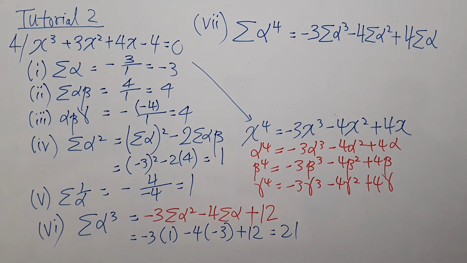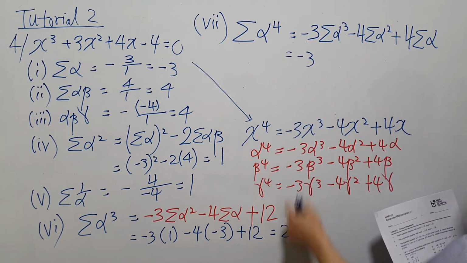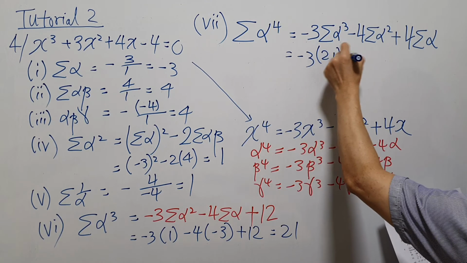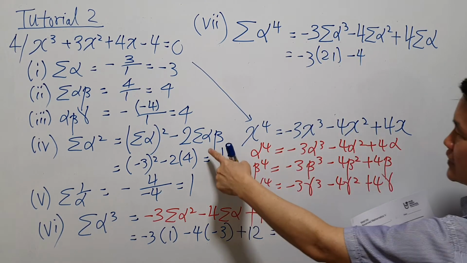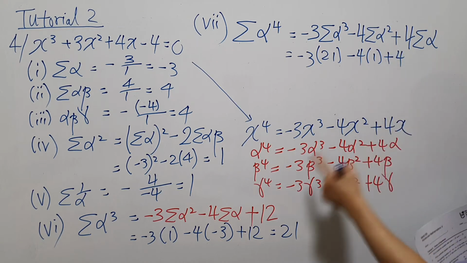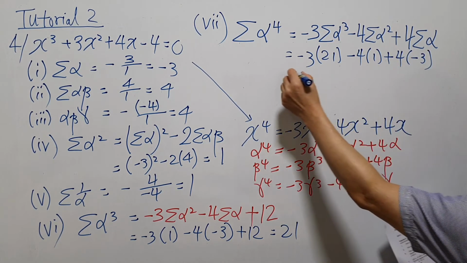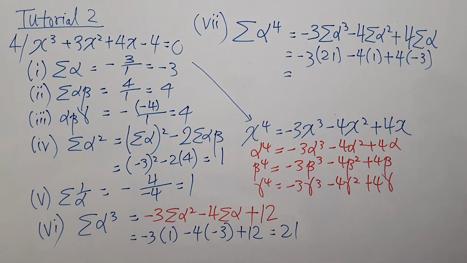So with this in mind, now we are ready to put in the numbers. This is minus 3 times 21, minus 4, alpha square is 1. Plus 4 summation of alpha is minus 3. So it's minus 63, minus 67, 79, minus 79.